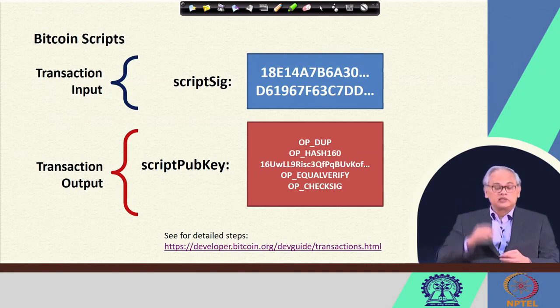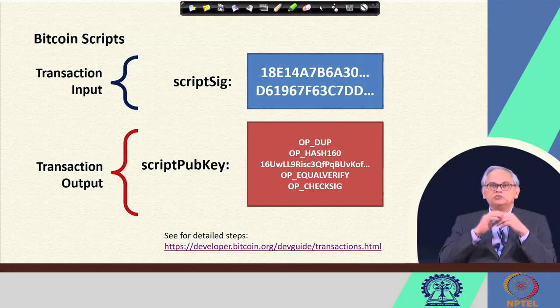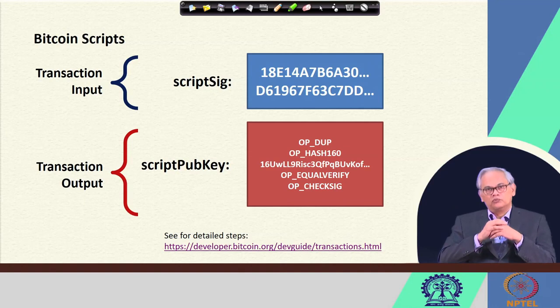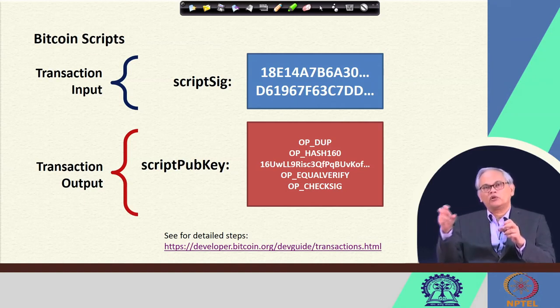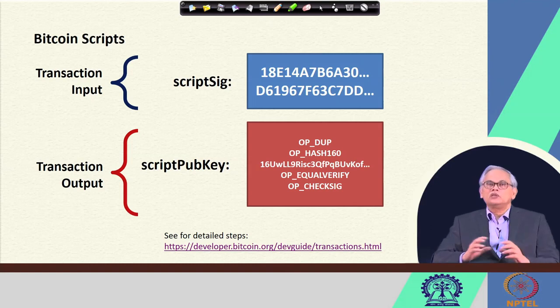So, let us look at this example. There are these two concepts: first of all, the transaction input, the other is the transaction output. Let us take the example when Alice has got these 100 bitcoins and then Alice is making a payment of 40 bitcoins to Bob. So, in this case, what is the output?